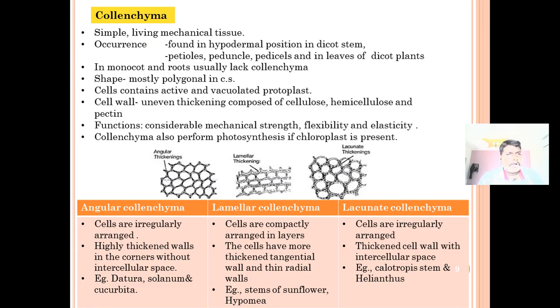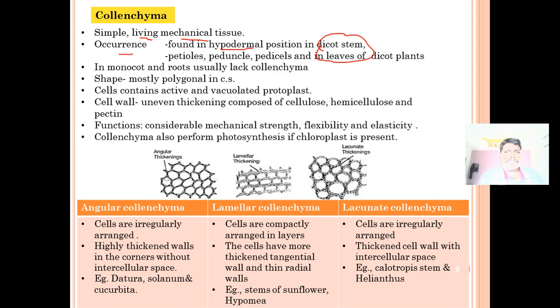Next we come to collenchyma. Collenchyma is also a simple permanent tissue, which is living, and it gives some mechanical support to the tissue. Where it is found: it is found in the hypodermal position of the dicot stem, so kindly note this.